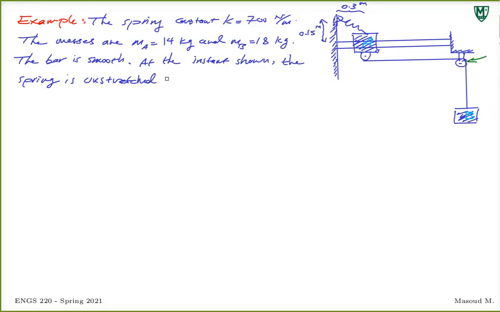And mass B is moving downward, so the velocity downward is 1 meter per second. That's the velocity of B at this specific position.